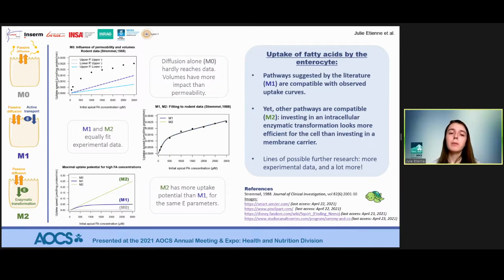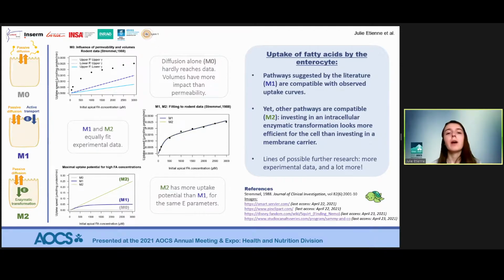Then in the middle, we can see models M1 and M2, and both models equally fit the experimental data using nonlinear regression. And finally, at the bottom, the graphic shows the maximal uptake of our 3 models, and model M2 has a greater uptake potential than model M1, with, as a reminder, model M1 being the model suggested by the literature.